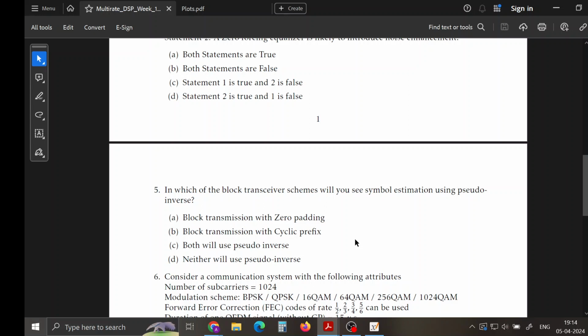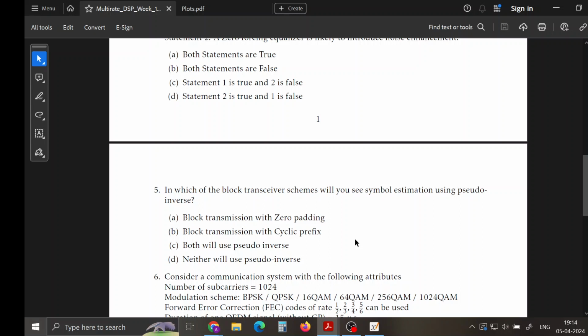Because due to the addition of redundancy using zero padding, you are basically adding mu zeros, and as a result, on the receiver end you are getting capital N equations, but the number of unknowns is capital M, and capital M is less than capital N. You know that relation, right?